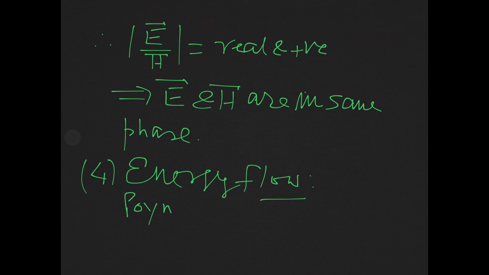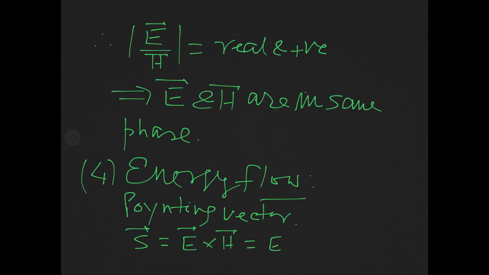So you know what will be the Poynting vector. This is defined as S equal to E cross H.